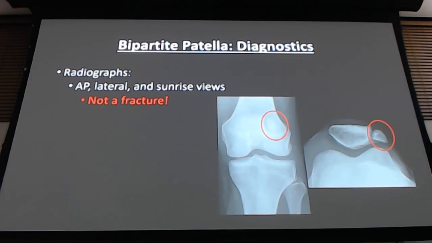Do fractures fracture perfectly smooth? No, they don't, okay? So if you look at that and say, okay, it looks like smooth edges, so this looks like it's more of a bipartite patella, two pieces, okay? So, if a patient presents with a history of trauma, though, do you think it might be a fracture?